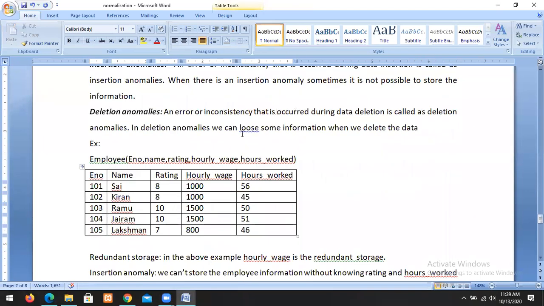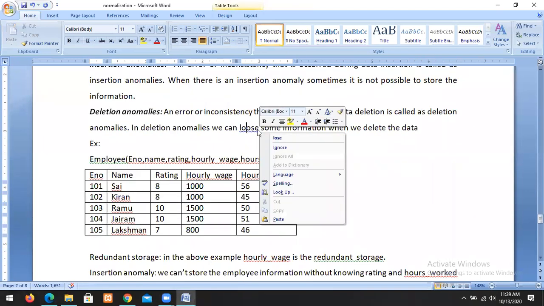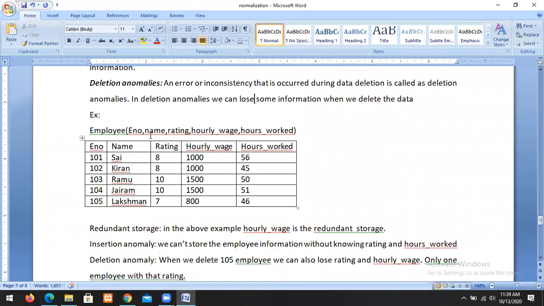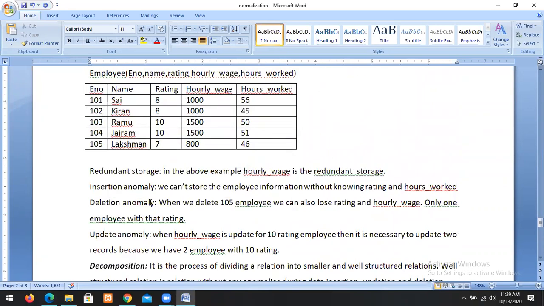There are so many problems. For example, take employee number, name, rating, hourly wage, and hours, the number of hours worked. Redundant storage is the problem, because the hourly wage is stored redundantly. Insertion anomaly: we cannot insert the details of an employee if there is no rating.